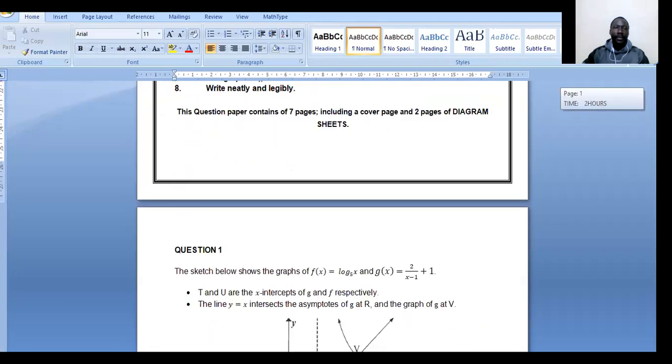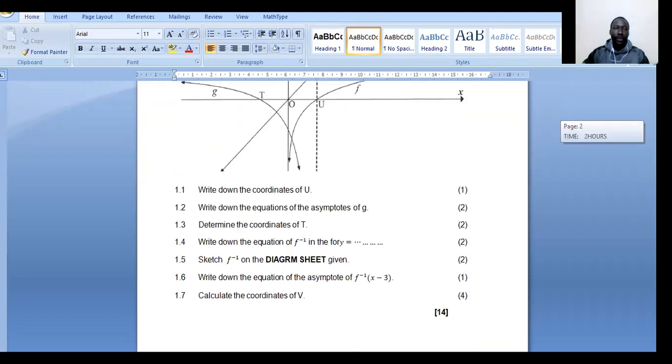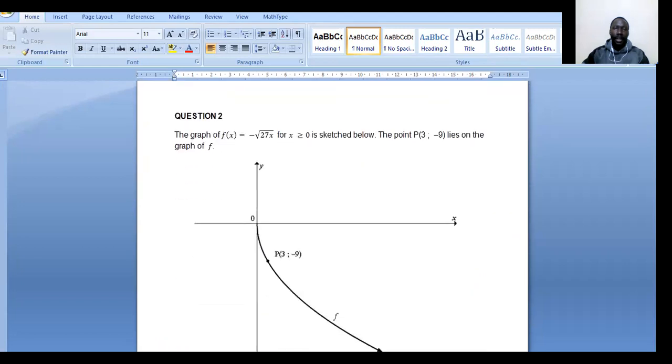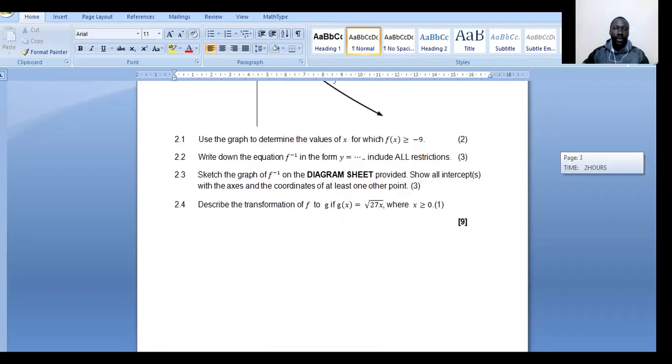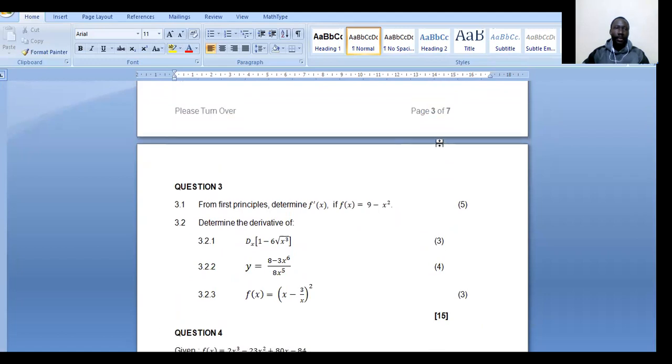We did question 1, which was about log function and hyperbolic function. We did question 2, also about sketching a function. Now question 3 is what we are going to do today.